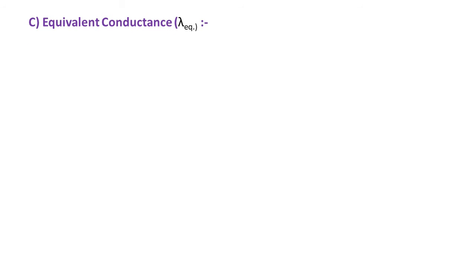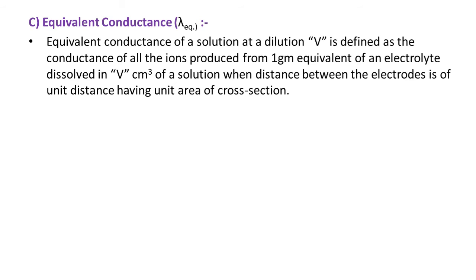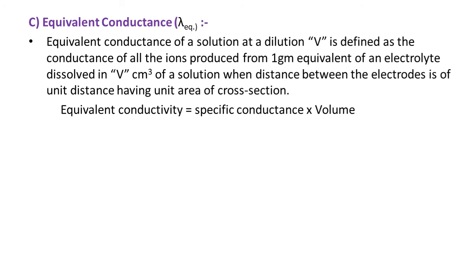Now, equivalent conductance, denoted by lambda equivalent. Equivalent conductance of a solution at a dilution V is defined as the conductance of all the ions produced from 1 gram equivalent of an electrolyte dissolved in V cubic centimeter of solution when the distance between the electrodes is of unit distance having unit area of cross section.